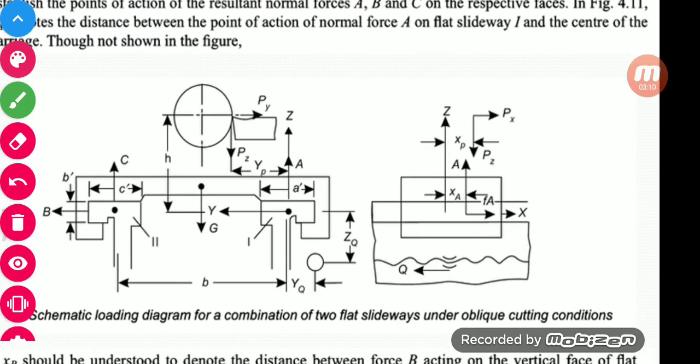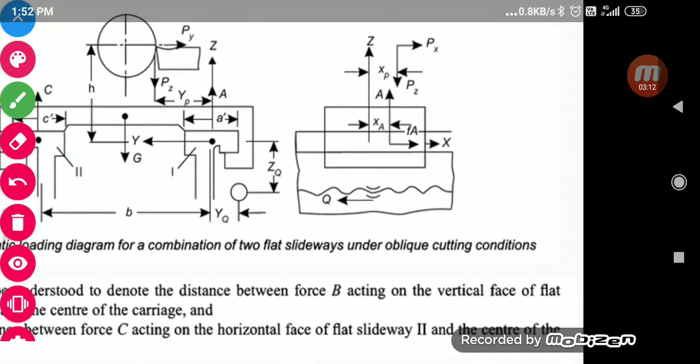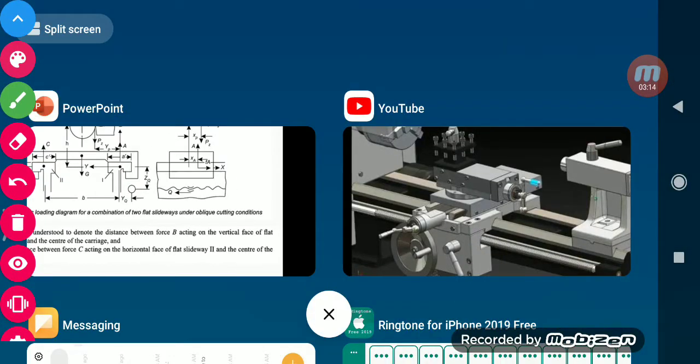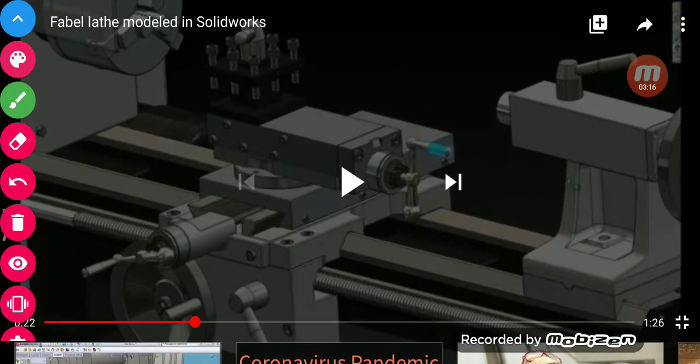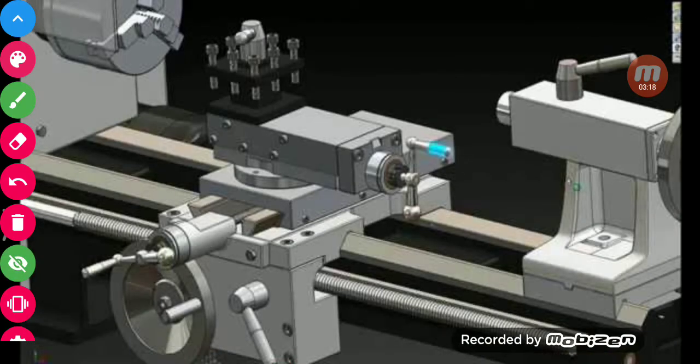Now to just give you a quick visualization, this is how things are set. Okay, so here is your carriage. Okay, and here this is the length of the carriage. Okay, and somewhere in the center of the carriage, and actually it would be along the guideway here.